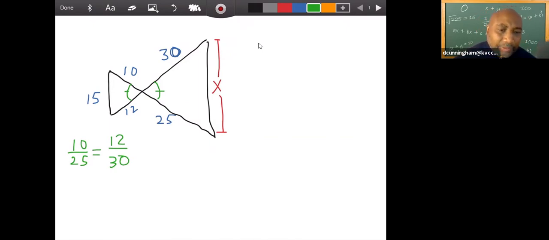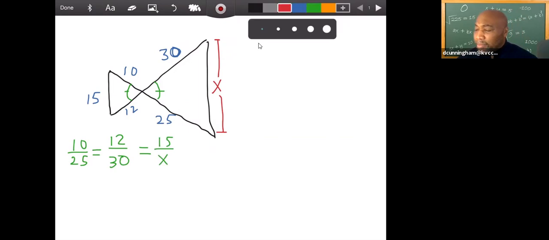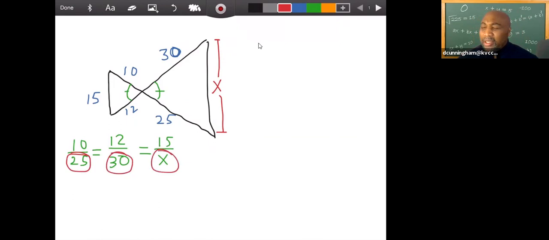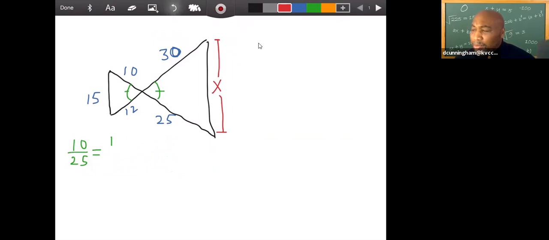And that means this is equal to, again using the smaller one, 15 over X. Let me rewrite that. Notice our bottom down here is 25, 30, and our X, and that's our bigger triangle. The top has our smaller. So let's actually solve this. Since they're proportional, we can solve this.